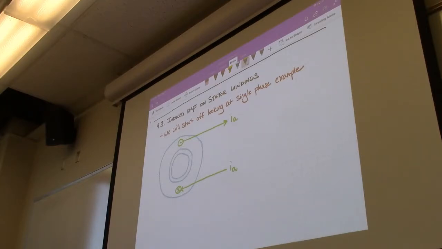We have our A axis. If you remember, we drew that on one of the other pictures. And we have our magnetic field, which looks like this. And this is the magnetic field that's generated by the field winding.